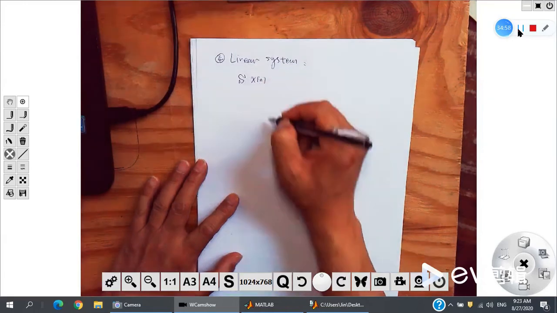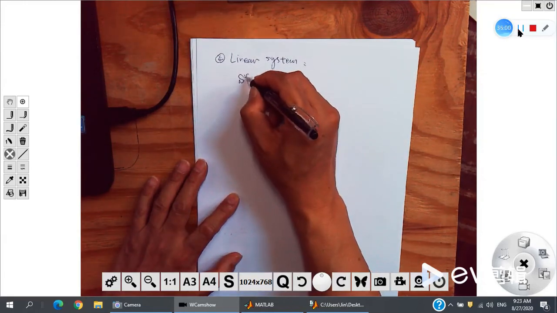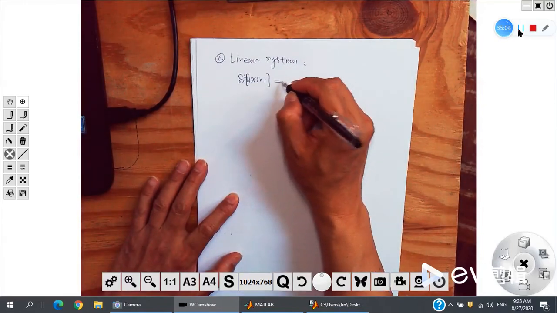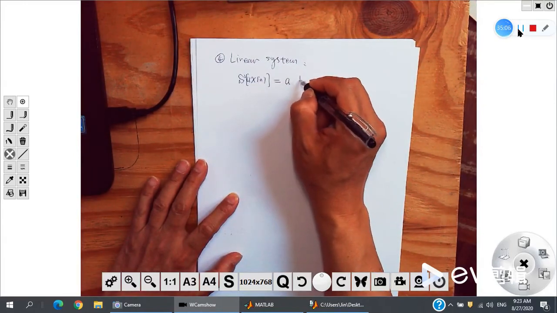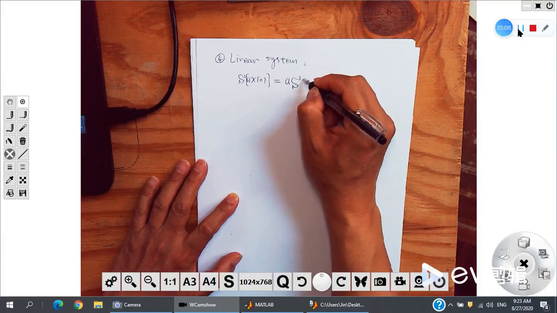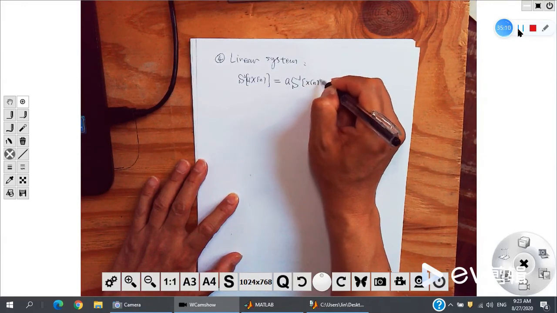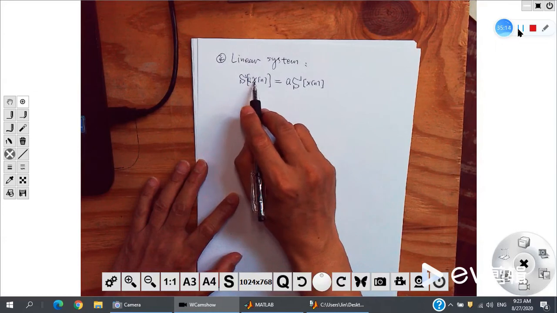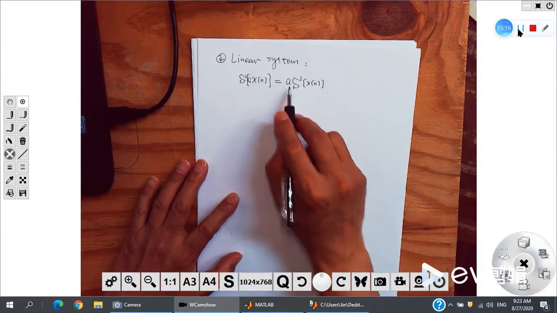Now I times a constant a in front of the input signal. This will equal a times S of x of n. This is one feature. If you times a constant on the input side, it will be the same as times the same a on the output side.